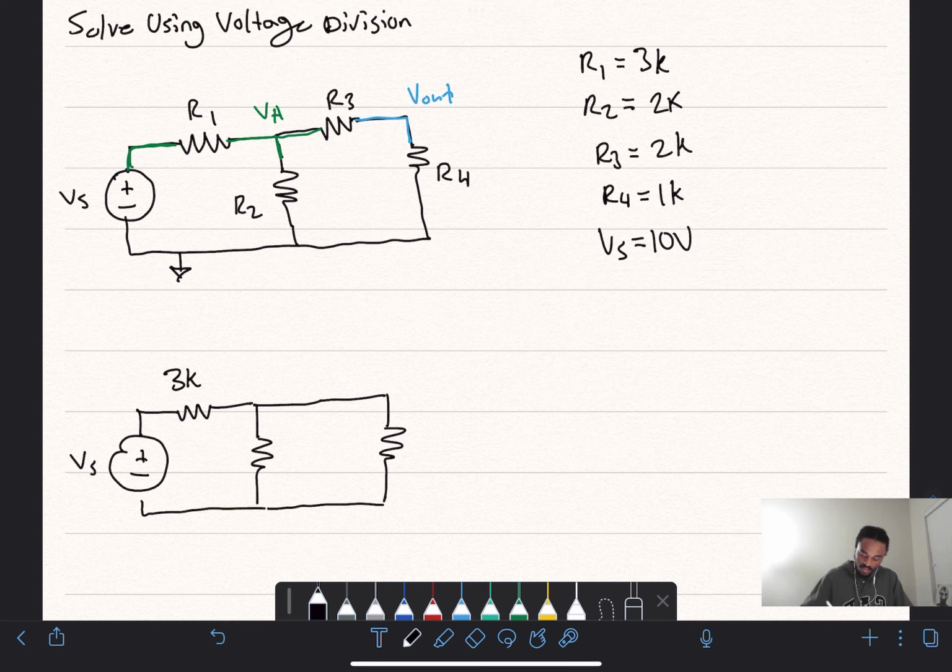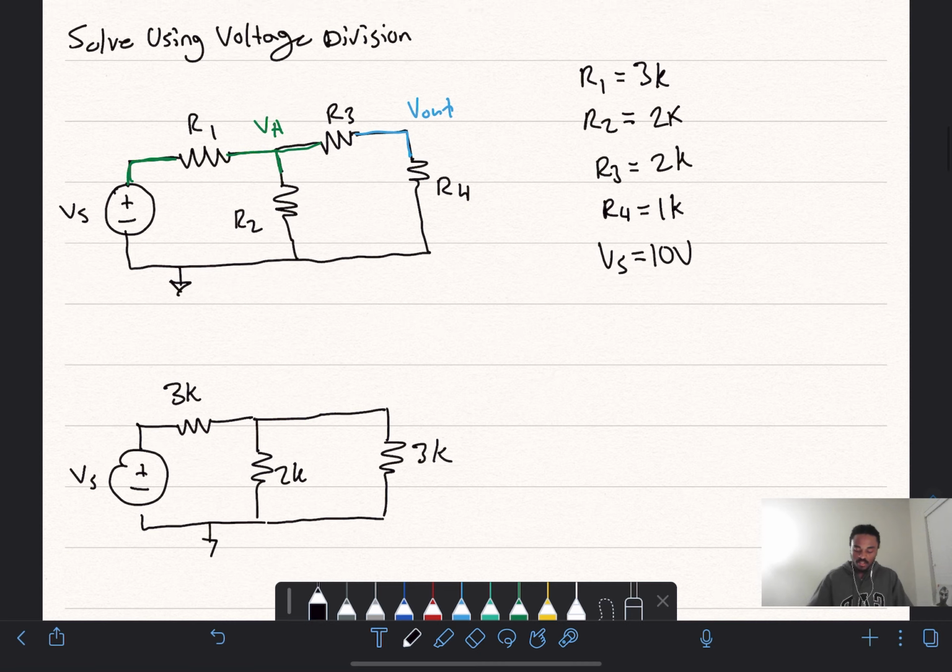We have R1 being 3 kilo ohms, R2 being 2 kilo ohms, and R3 plus R4, 3 kilo ohms. So now we have this 3 kilo ohm resistor in parallel with this 2 kilo ohm resistor.